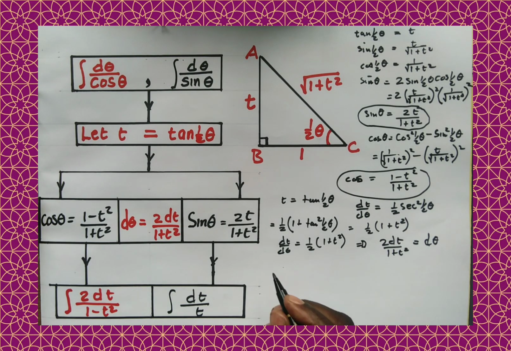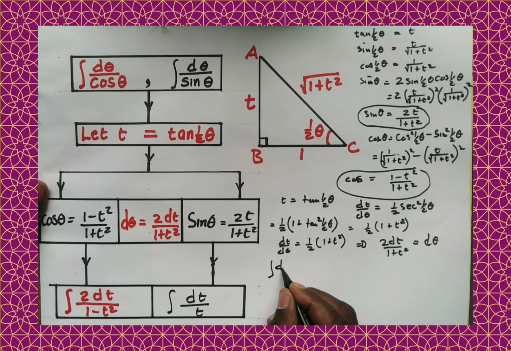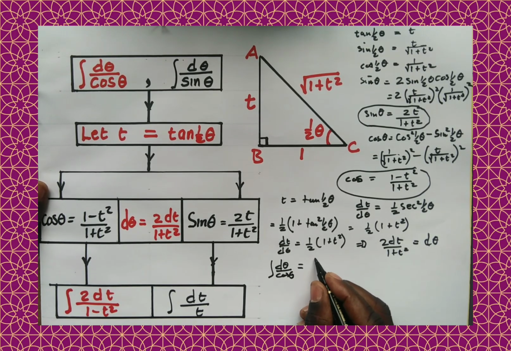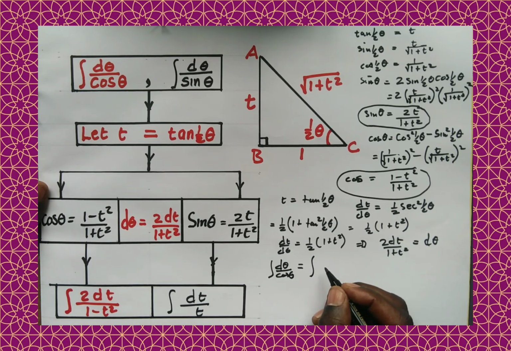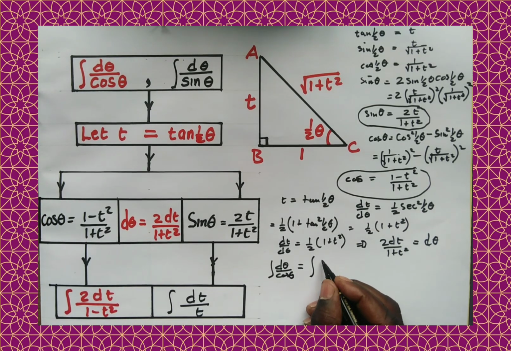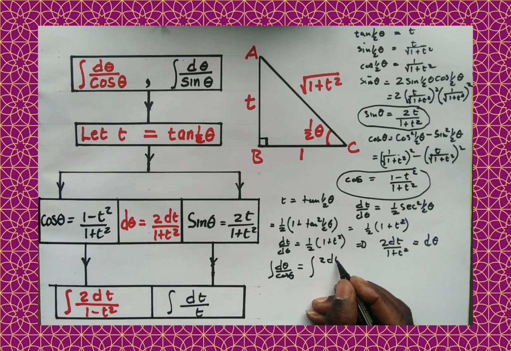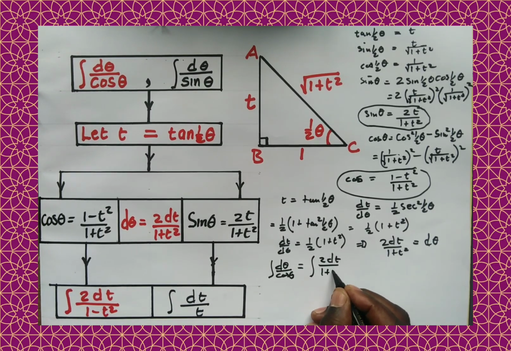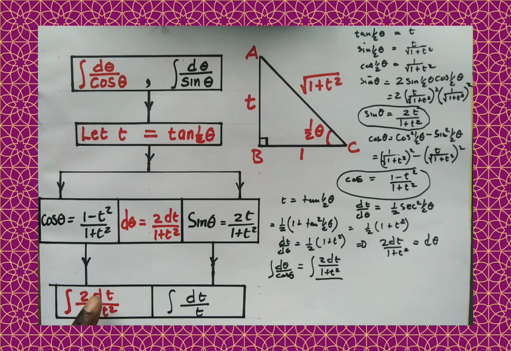So the first integral becomes the integral of d theta over cosine of theta, which is equal to the integral of, remember, d theta is equal to 2 dt over 1 plus t squared divided by our cosine of theta, which is 1 minus t squared over 1 plus t squared.